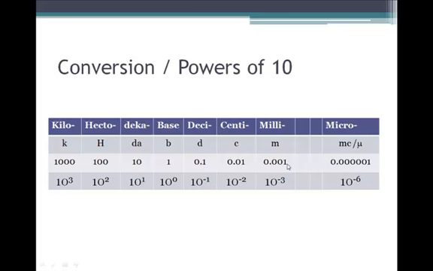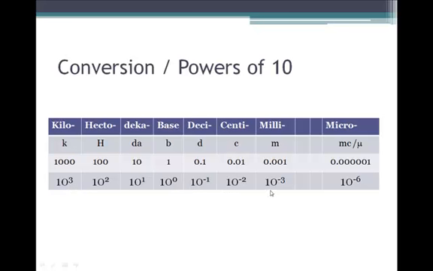When we're converting, we take advantage of the idea that it's a decimal or base 10 system. If we're looking at the base, when we move from the base to a kilogram, for example, we're moving 3 places, and this is going to grow by 10 to the third power.